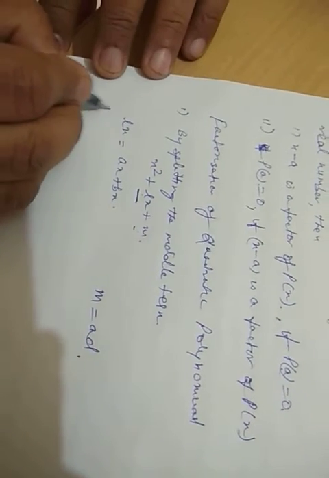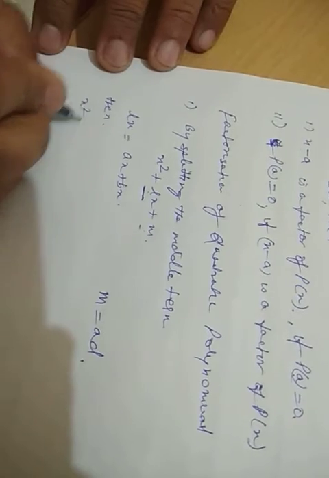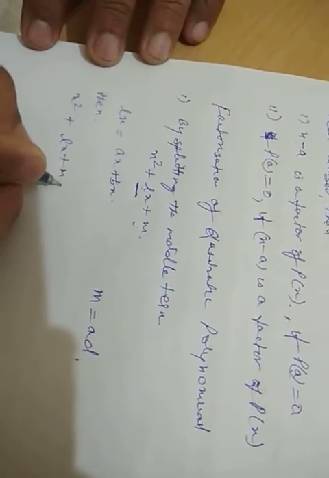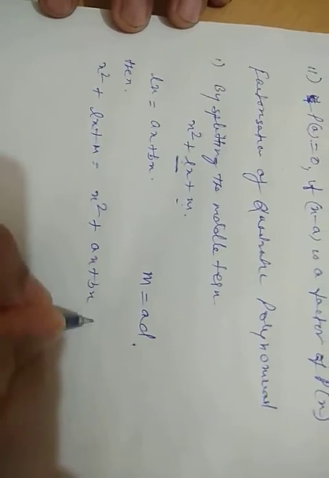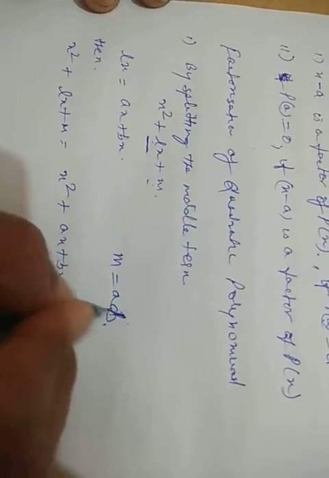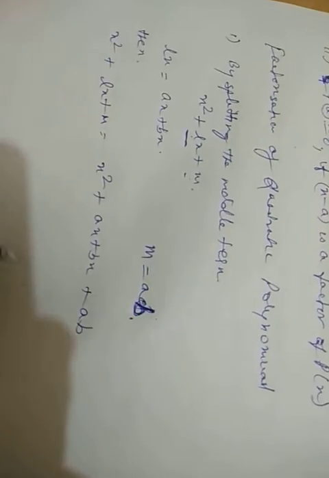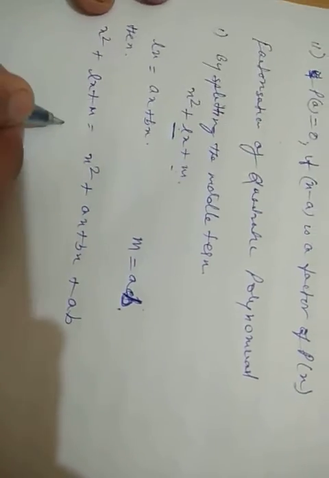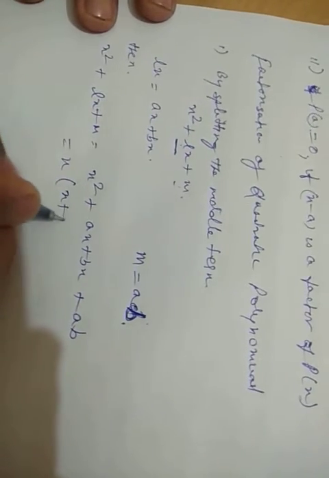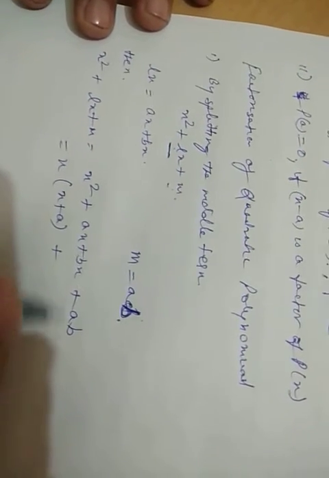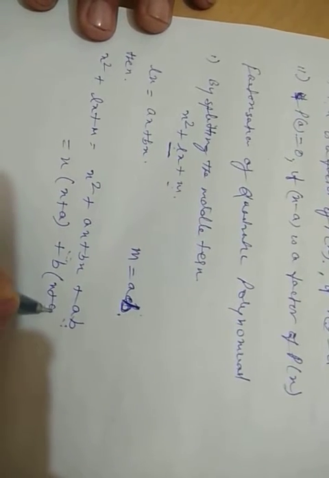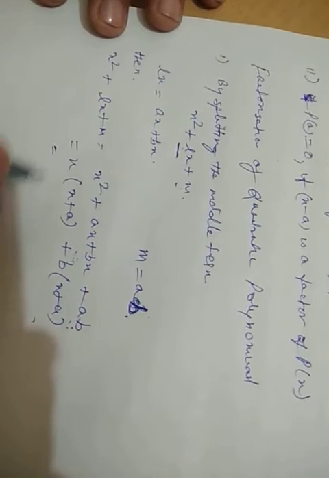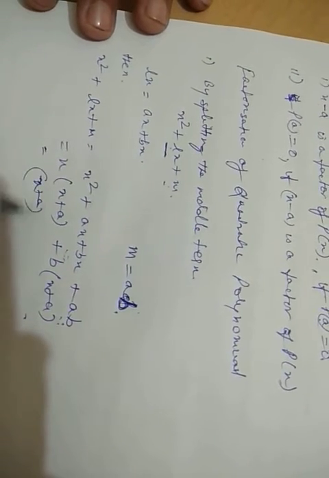Then x square plus lx plus m will be equal to x square plus ax plus bx plus ab. Now we can take common x plus a, plus again from here we can take common b, x plus a. So the factors are x plus a and x plus b.